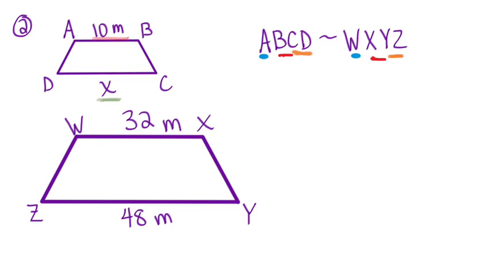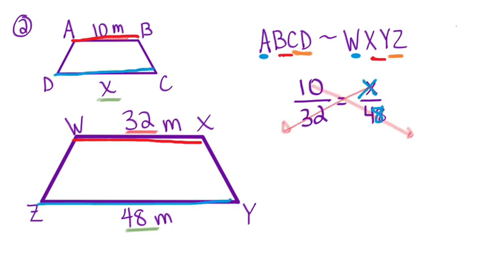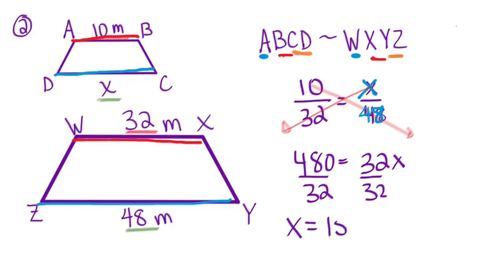Because I know that I have to match the side. So I know AB matches WX, so that is a proportion. And then DC matches ZY, and that's my other ratio or proportion. I cross multiply to solve. And so I can solve for any missing value as long as I have one good ratio set.